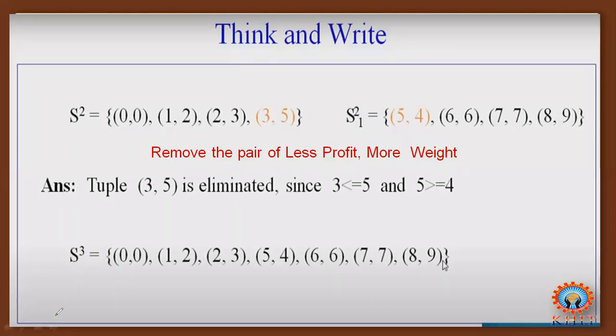If you want to compute the value of S^3, simply combine or union the values of S^2 and S^2_1. But before applying the S^3 formula, you need to check whether the purging rule is satisfied or not.